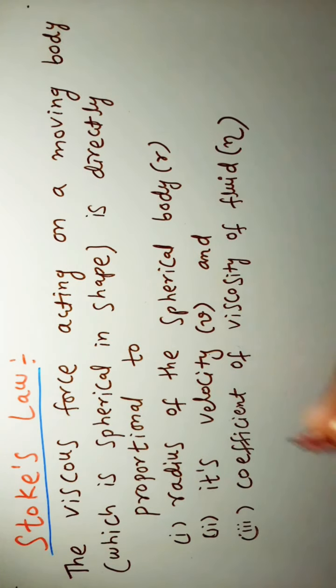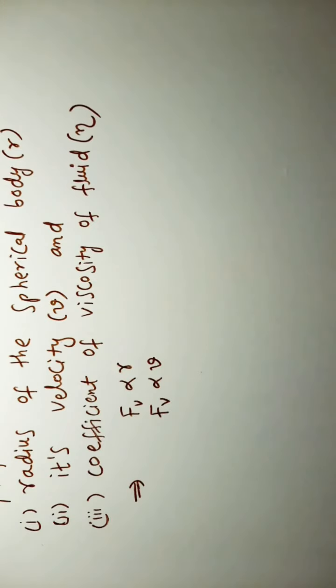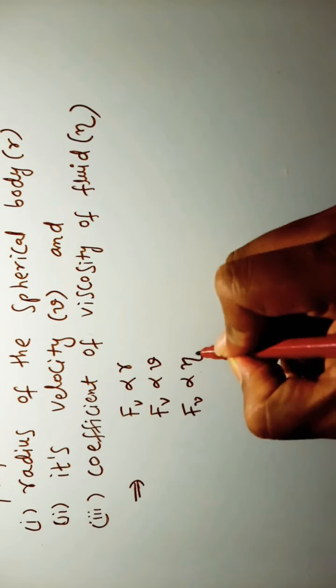Eta. So from this we can write Fv is proportional to R and Fv is proportional to V. Fv is proportional to eta.